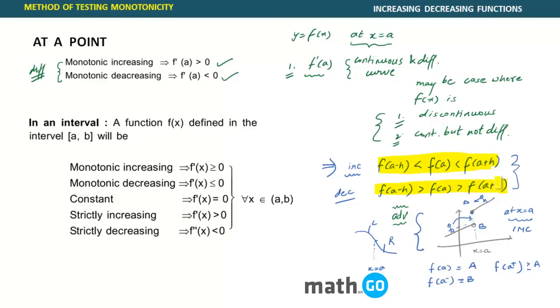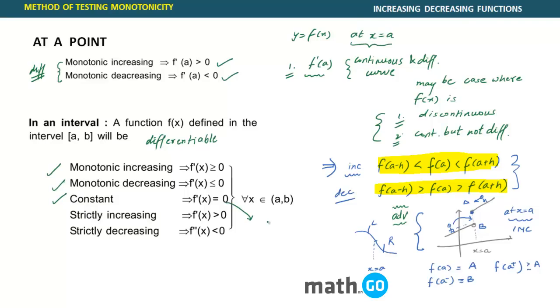Now what will happen if somebody asks you in the interval? If x belongs to a to b, again we are saying that f of x is differentiable. We will talk about the interval part only when it is differentiable. So if it is monotonically increasing, f dash x should be greater than 0. Decreasing, f dash x should be less than 0. If it is a constant function, the derivative will be 0. Why?